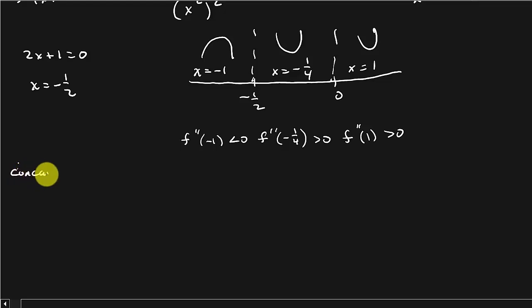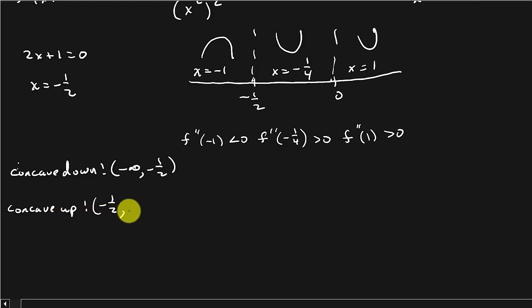And so we have concave down from -infinity to -1/2, and concave up from -1/2 to 0, and I'm going to split these up, 0 to infinity, concave up.